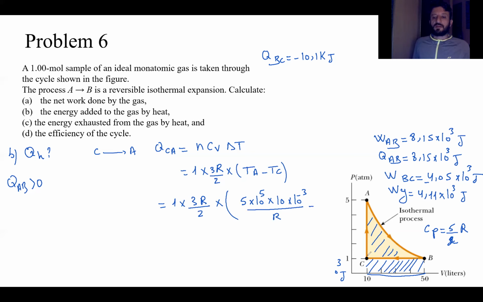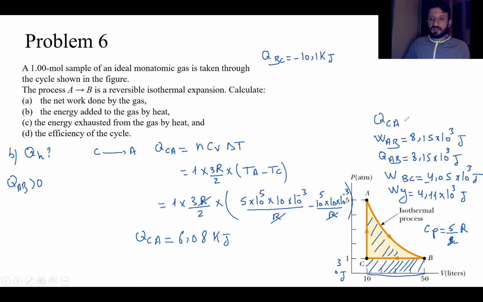TC equals PC equals 10 power 5 Pascal, VC equals 10 times 10 power minus 3 divided by R. Okay, we do the calculation. We can eliminate R like this. You get finally QCA equals 6.08 kilojoule. This one is QCA.